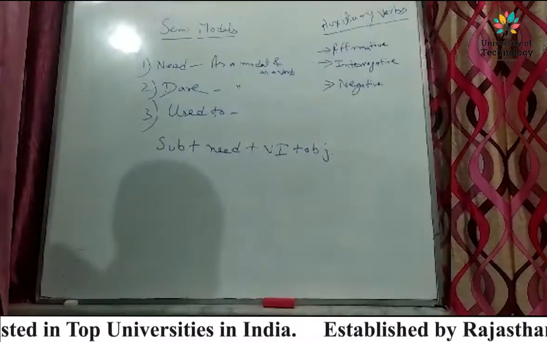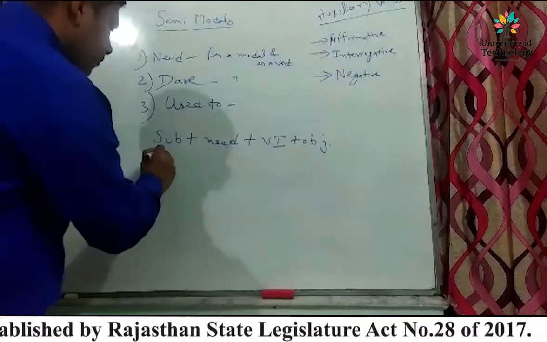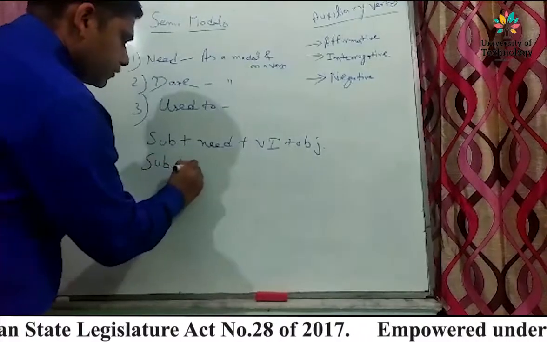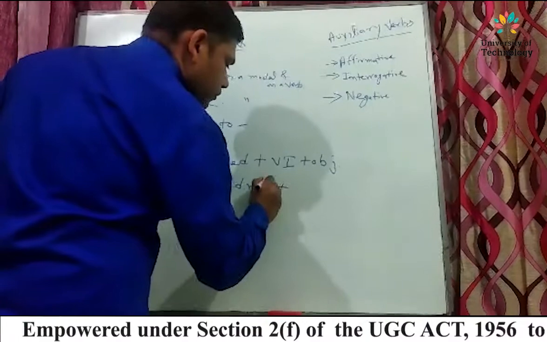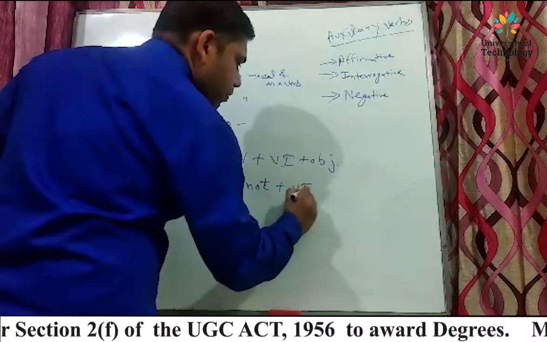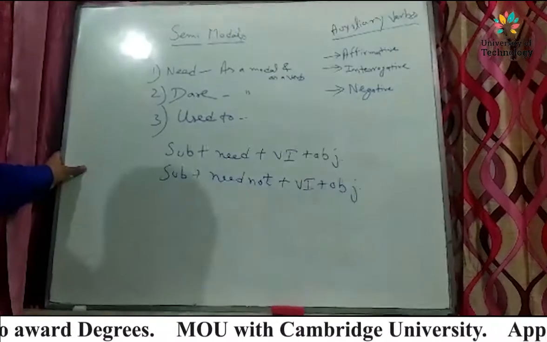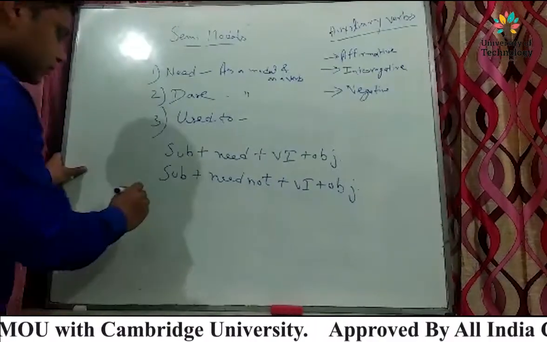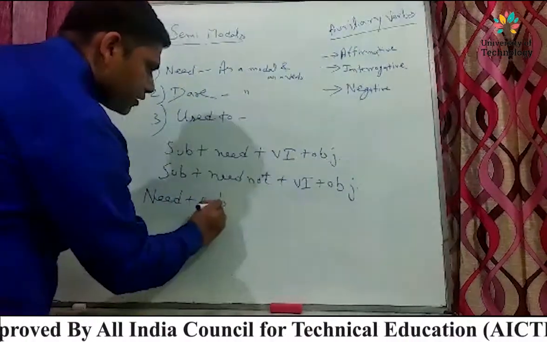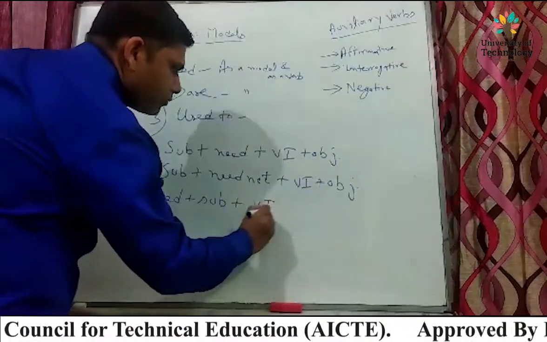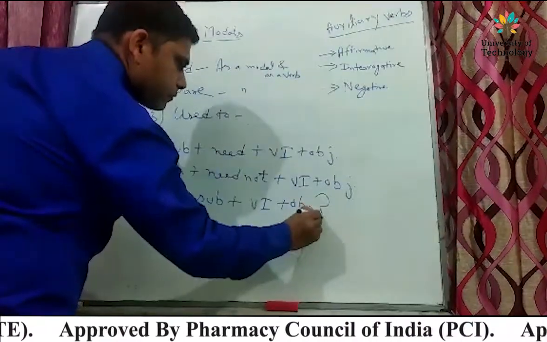If we talk about negative, subject plus need not plus verb first form plus object. And if we talk about interrogative sentence, need plus subject plus verb first form plus object.